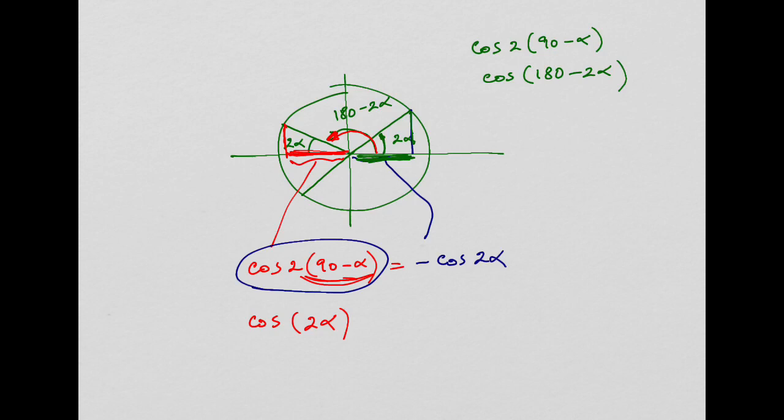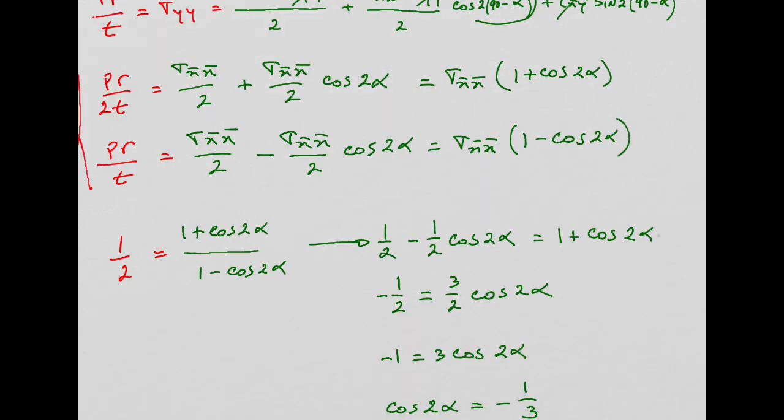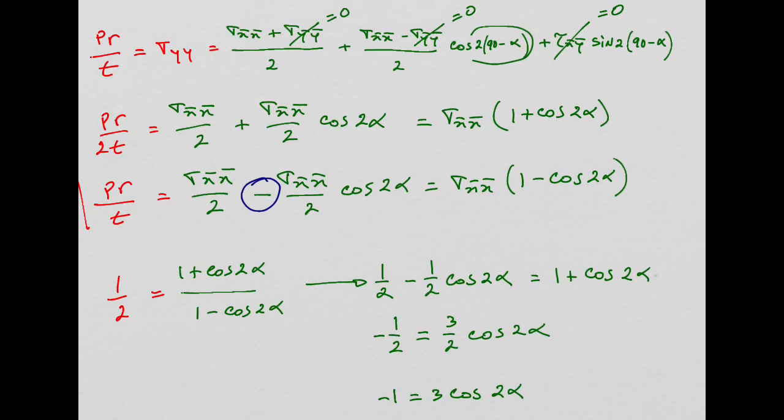So I cannot say the one in red is equal to the one in green because one is positive, the other is negative. So I need to say cosine of 2 times 90 minus alpha is equal to minus cosine of 2 alpha. And this minus is the reason why you have minus here.